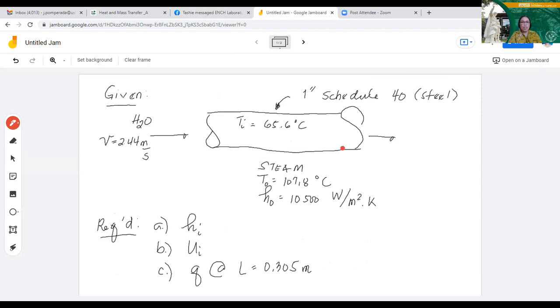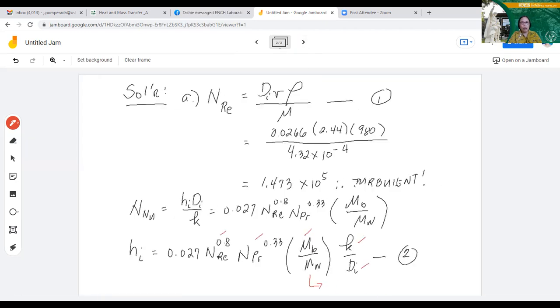So more or less, the temperature of your wall, of your pipe, will be the same as the temperature of the steam. So in the viscosity based on the wall temperature, the temperature that we will be using will be that of the steam, which is 107.8 degrees Celsius. Where are you going to get this viscosity?